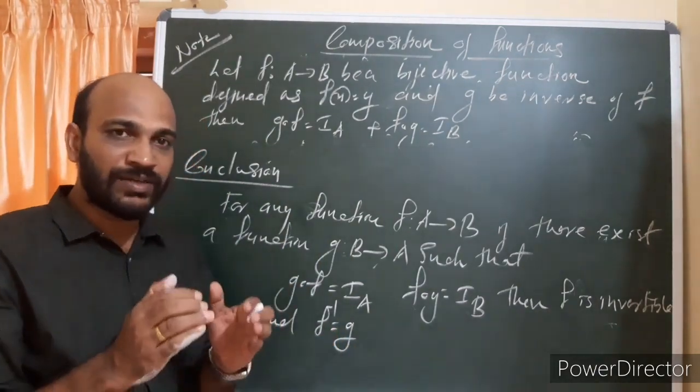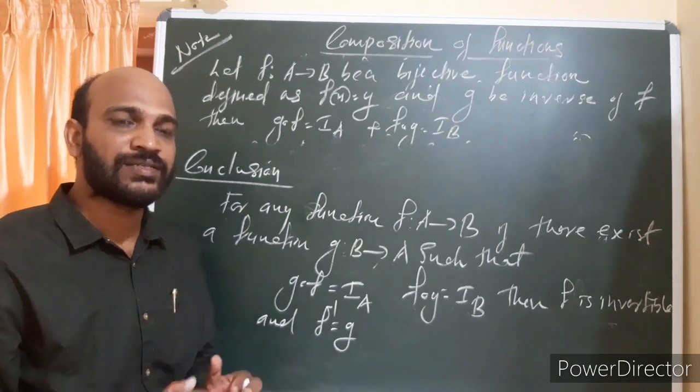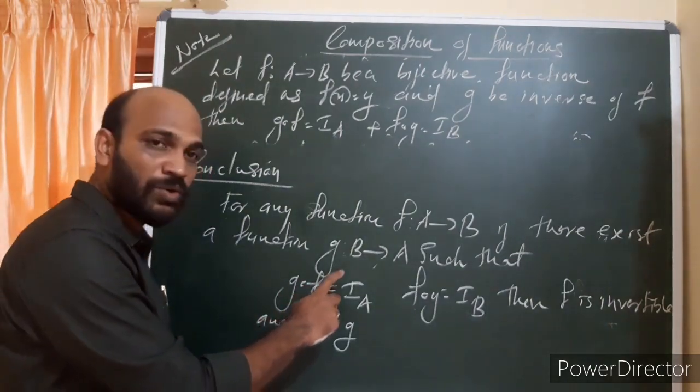That means you have to find one G satisfying the condition G of F equal to IA.